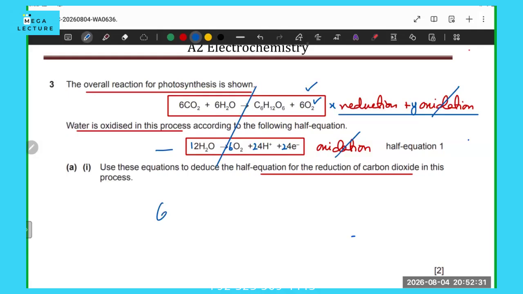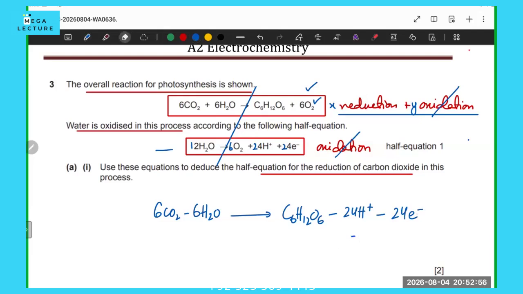अच्छा, तो अब लेफ्ट साइड और राइट साइड को सब्ट्रैक्ट कर लो, so it's going to be 6 CO2 और 6 H2O minus 12 H2O, so that would lead to minus 6 H2O. और फिर राइट साइड पे क्या होगा? That's going to be glucose C6H12O6. O2s cancel out हो जाएंगे, and then it's going to be minus 24 H plus and minus 24 electrons, right? Wait, sorry.